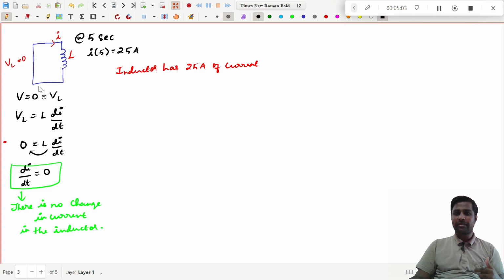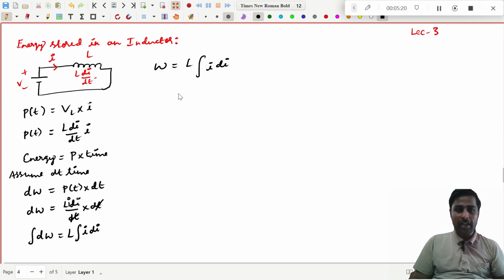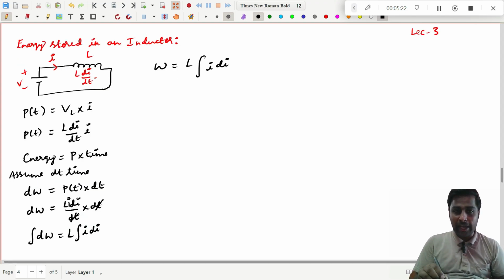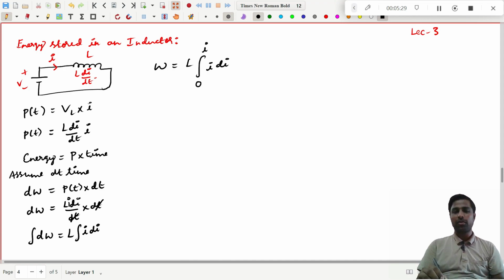So it is receiving current from the voltage source whenever it is connected to the voltage source. So if I want to find the energy stored in the inductor, I need to know how much current it is getting from the voltage source from the beginning. So what I have to write as the limit here is 0 to I. That is how much I need to integrate. So you try to understand.